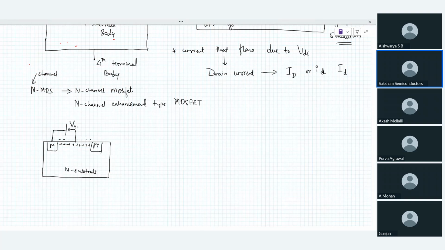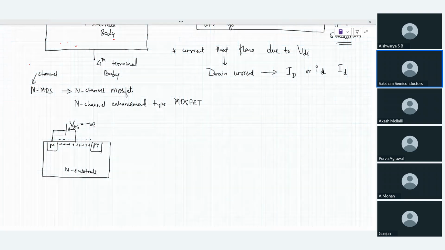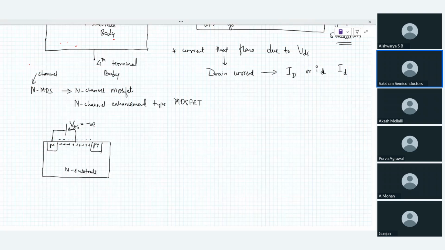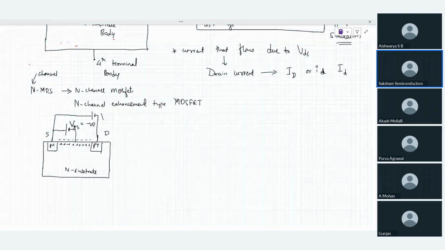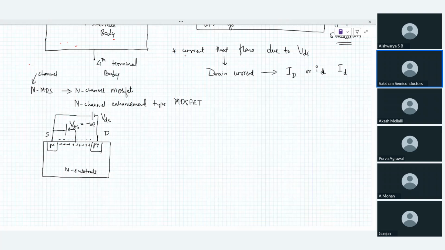Now see how you're going to name it. If you name it VGS only, how would your VGS look now? Negative, because G is connected to the negative supply of the battery, and S is at the positive supply of the battery. Always remember, these are some of the nomenclature which most textbooks use, and sometimes it is very confusing. If I use the same nomenclature VGS for both N and P, what is the difference?